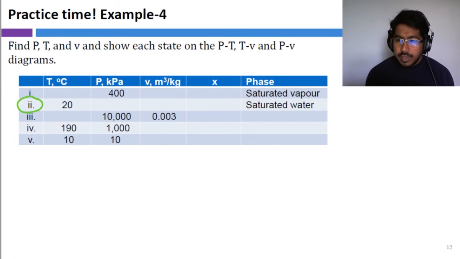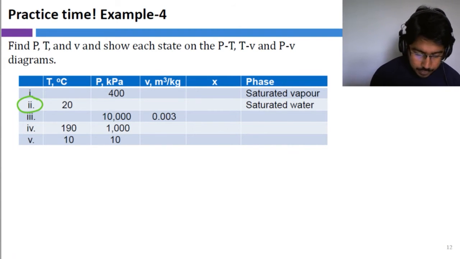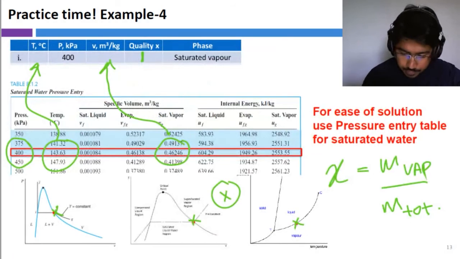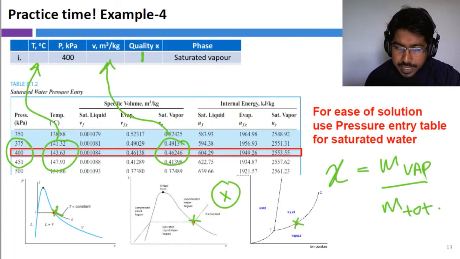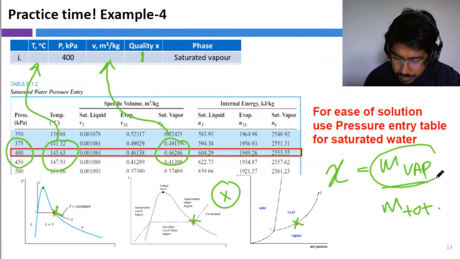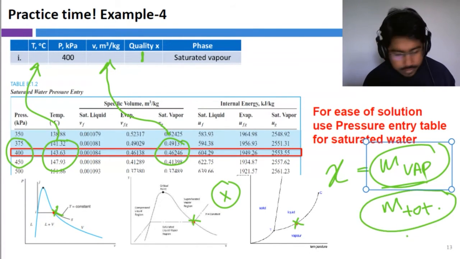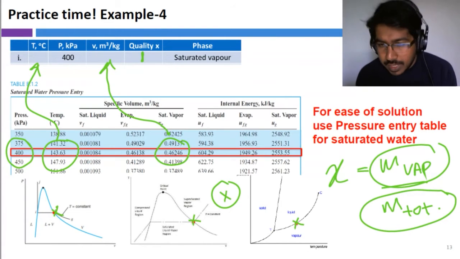Sure. If our state is on the saturated vapor line or the saturated liquid line, then quality will be 1 or 0, right? If our substance is located on the saturated vapor line, that means all the substance is in vapor condition. So vapor mass divided by the total mass is going to be 1.